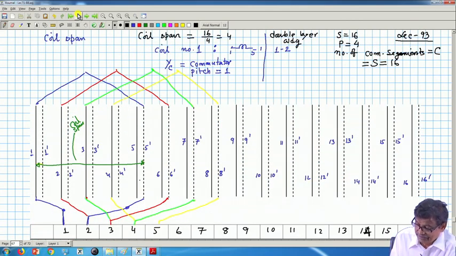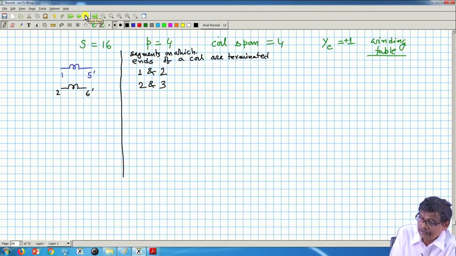Look here, 2. It goes, it comes back 6 dashed, it is terminated on 3, and this way it will go on. This will be 3. So, coil span is 4, you write a 4 here, and here it is plus 1 only commutator segment. So, 3 plus 4, 7 dashed.